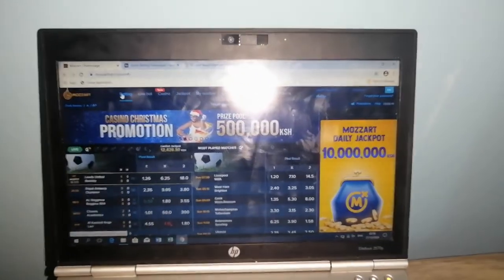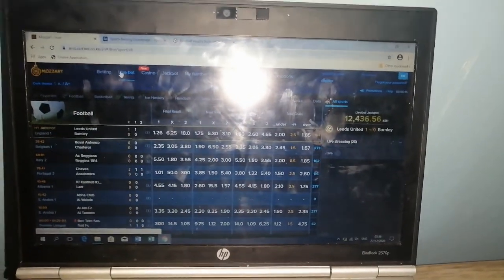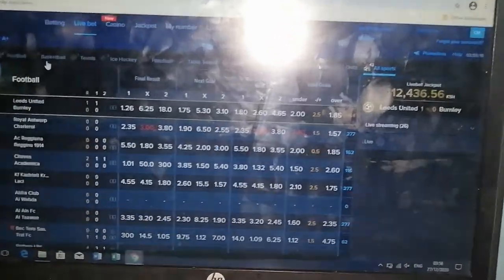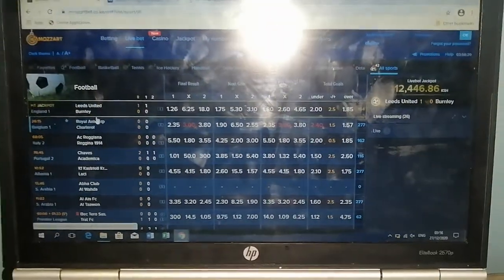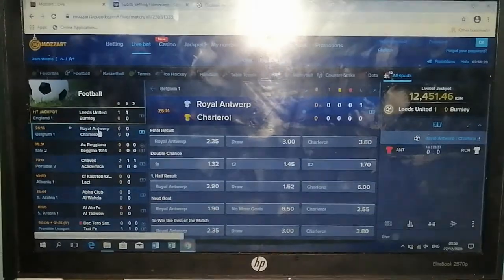Enter running. Let's take Belgium for its one in the running.